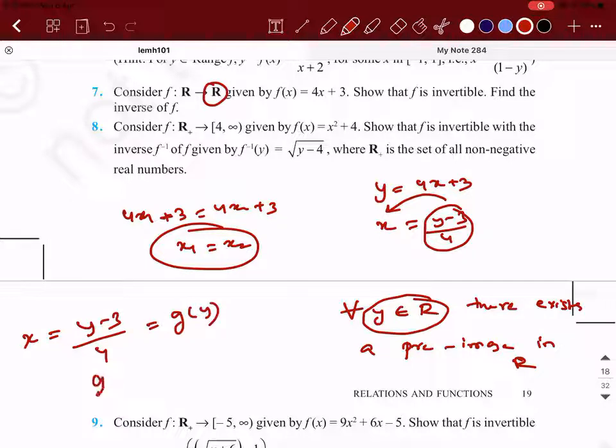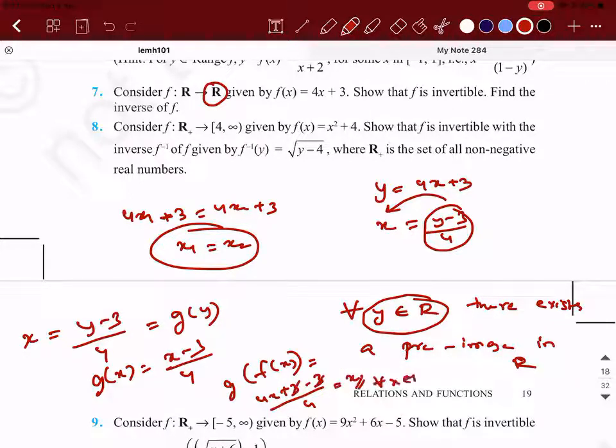Then what is g of x? g(x) is (x minus 3) divided by 4. This will generally be the inverse. If you want, you can find g of f of x or f of g of x. So when you find g of f of x, what will you get? (4x plus 3 minus 3) divided by 4, cancel, gives x for all values of x that belong to the real numbers. Any doubt? Clear?